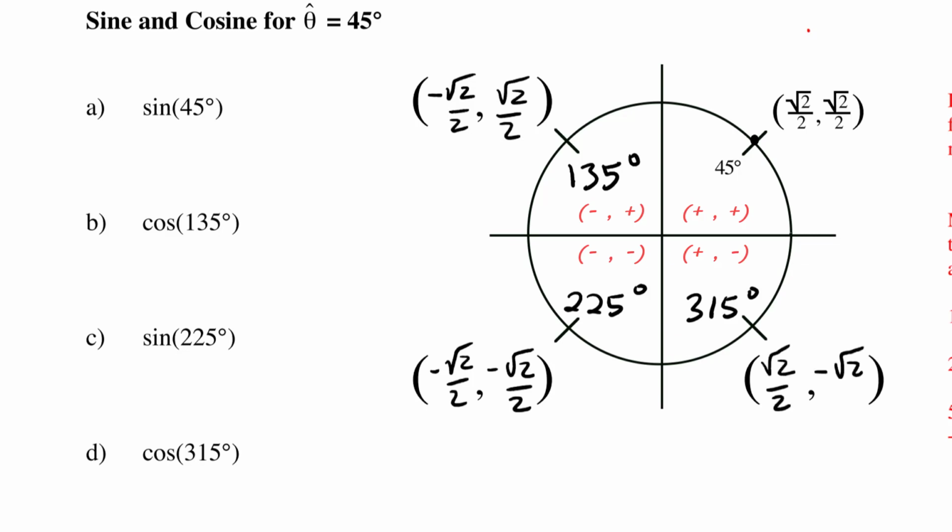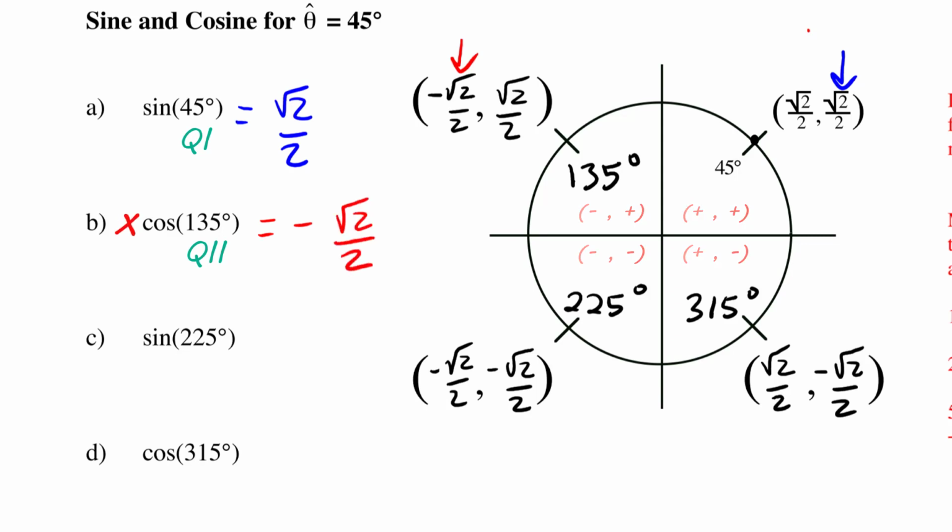So for this first set of exercises, we're going to focus just on values that are less than 360 degrees. Sine of 45 degrees, we look at the y value at 45, and it's square root of 2 over 2. Cosine of 135, we look at the x value at 135, and it is negative square root of 2 over 2.